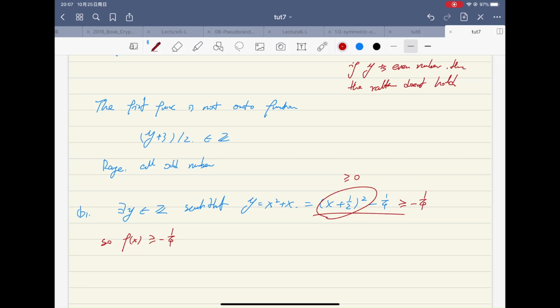So for all y less than negative 1/4, there does not exist x such that f(x) equals y. Hence, it's not an onto function.